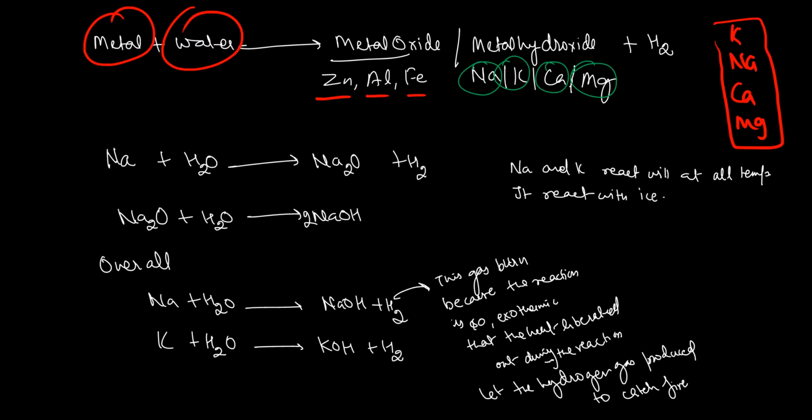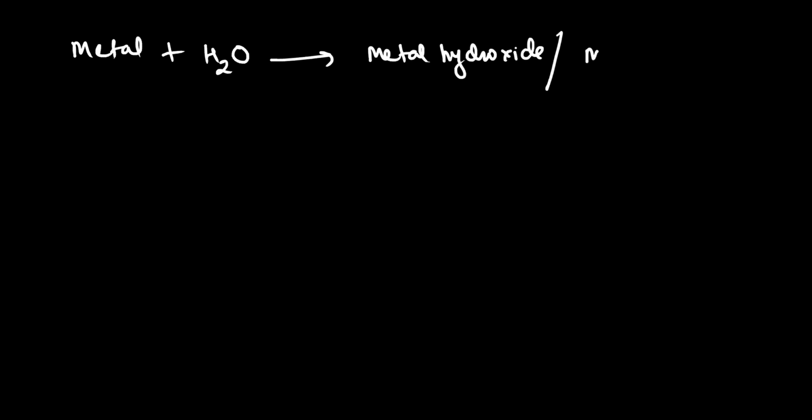So what is the general equation? That is simple. Metals when they react with water produce metal oxide plus hydrogen gas, or metal hydroxide plus hydrogen gas.